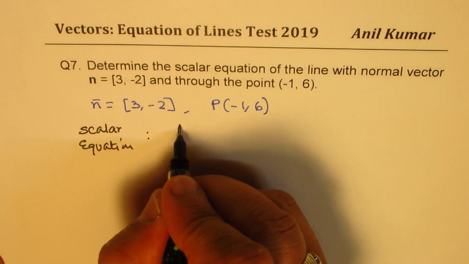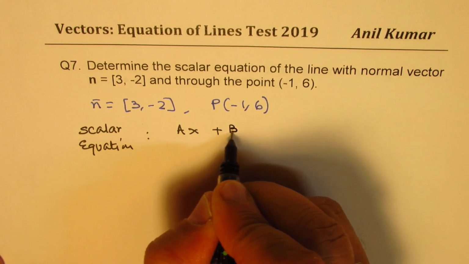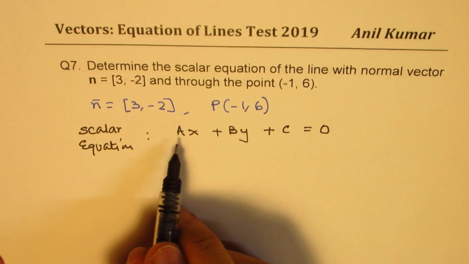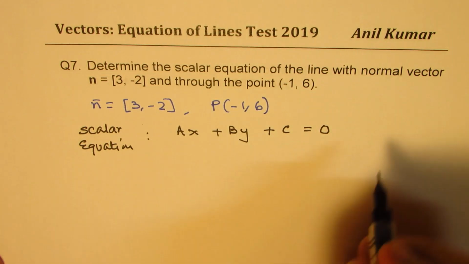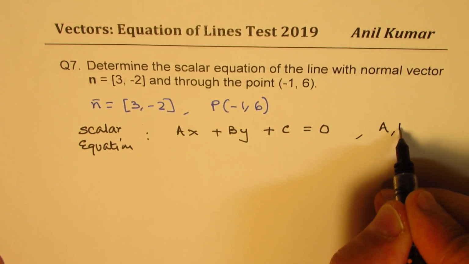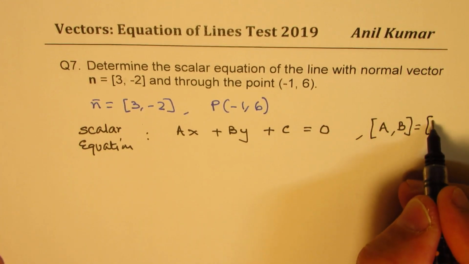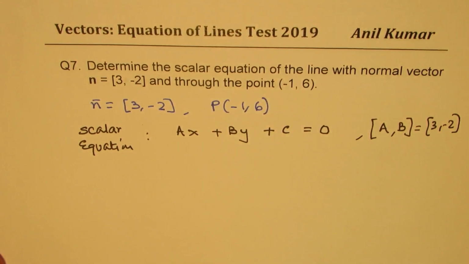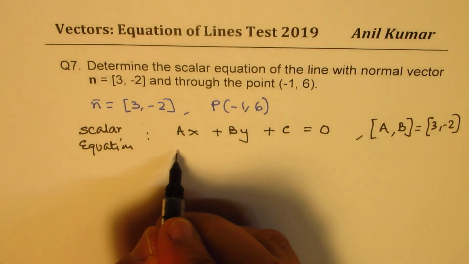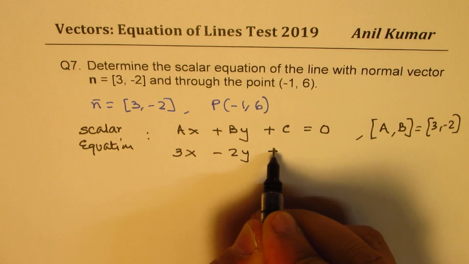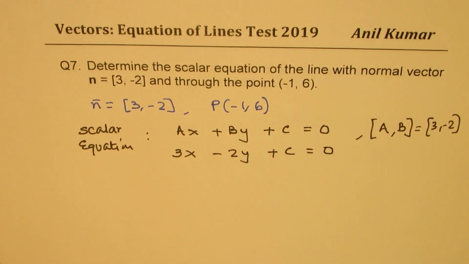It is of the form ax plus by plus c equals 0, where the values of a and b, right, are the normal vector, which in this case is (3, -2), correct? So we know this value. So we can just write this as 3x minus 2y plus c equals 0.